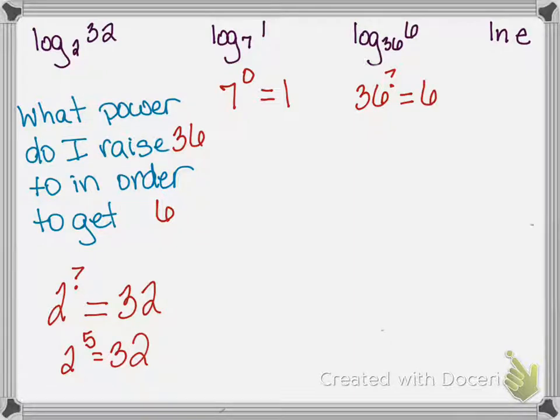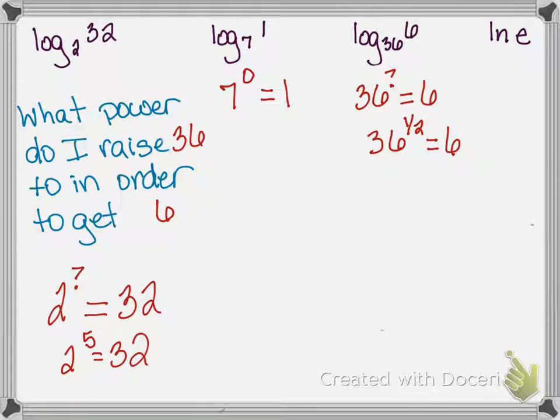What is the relationship between 36 and 6? It's the square root. 6 is the square root of 36. We talked about rational exponents on Thursday, and that's what this is. 36 to the 1/2 equals 6.